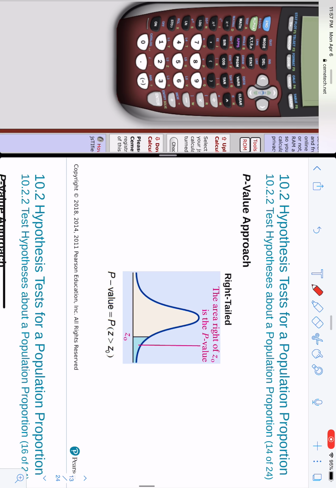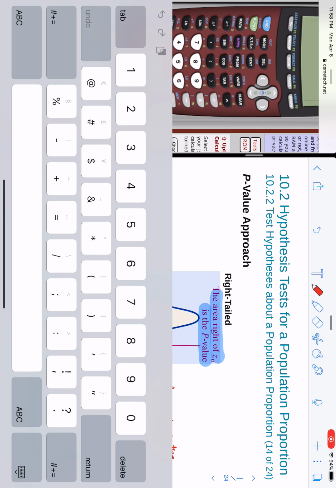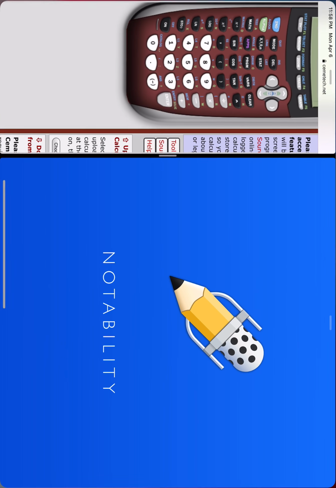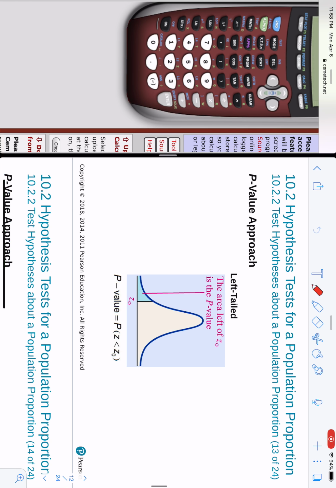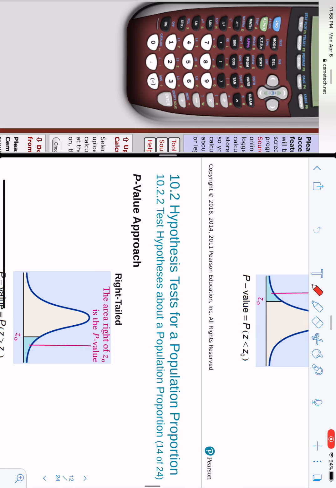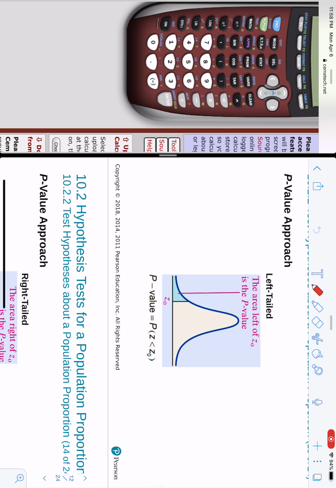With the right-tailed test, the p-value has to be on the right-hand side, so the p-value is right here. So it corresponds to the area above the test statistic, or some would like to call it the area to the right of the test statistic.